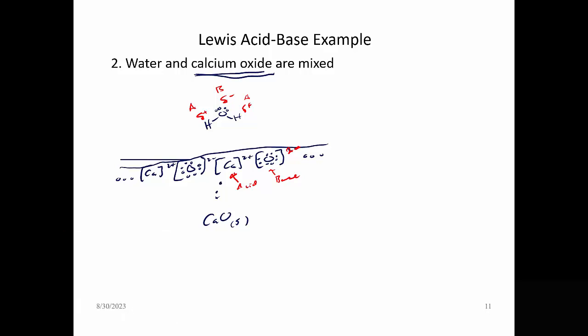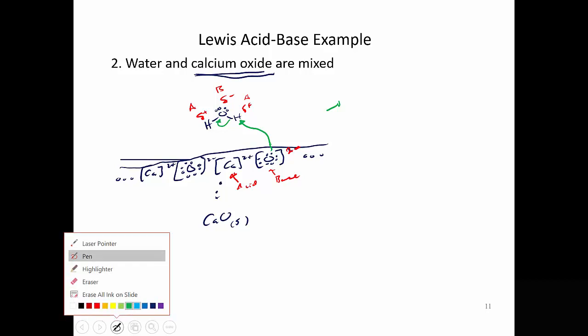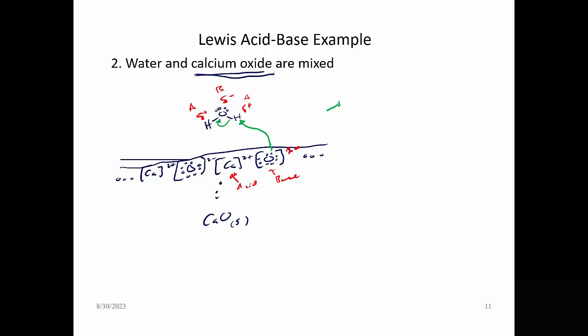So I'm just going to look at what I think is going to be the most favorable reaction. That is, if the water collides with the oxide, and so this sp3 lone pair gets pushed into this calcium. Now there are too many electrons, so these have got to get kicked out here. And so what we end up with is a hydroxide up here, and a hydroxide down here.